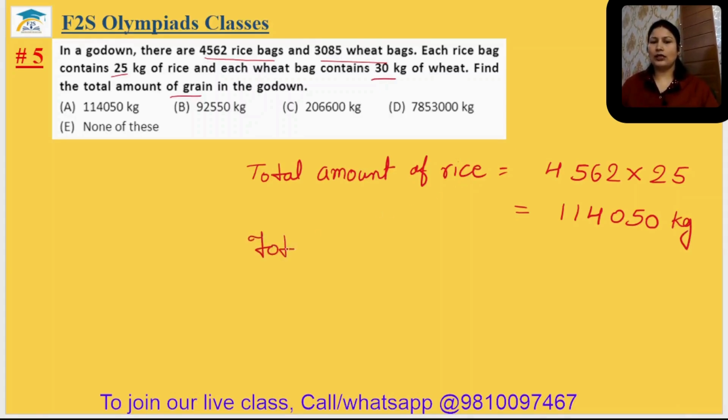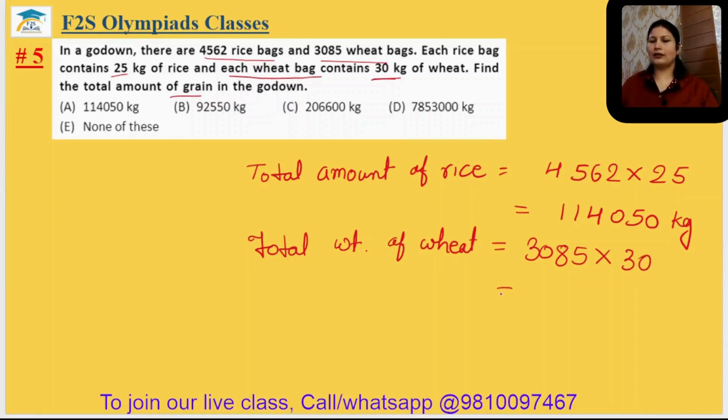Now total weight or amount, you can write anything, of wheat. What is the weight of the total amount of the wheat bag? So this is your 3085 multiply by 30 kg, because each wheat bag contains 30 kg. Okay?